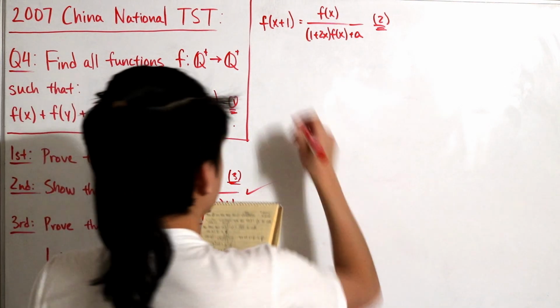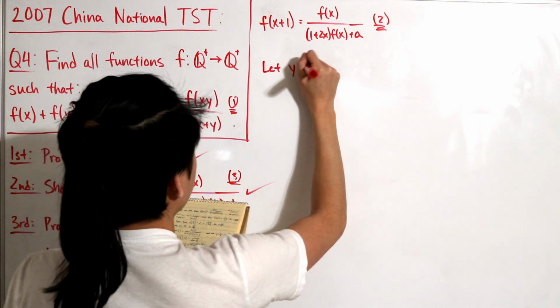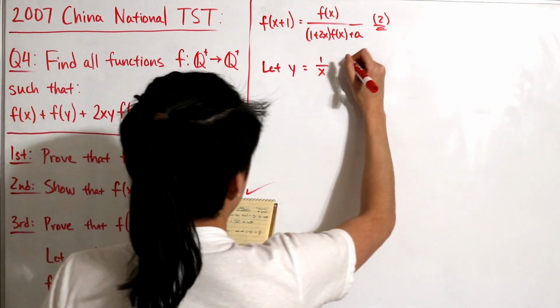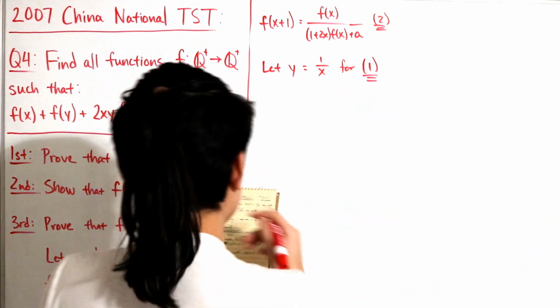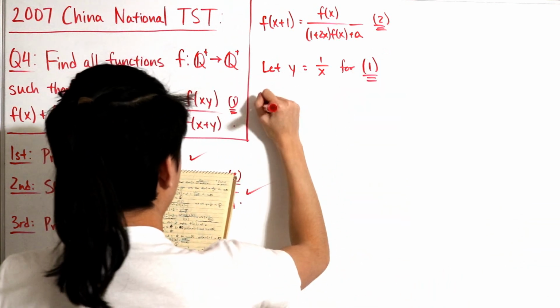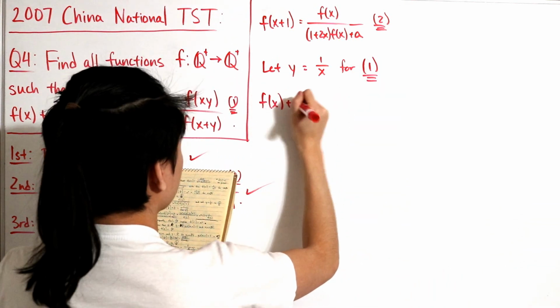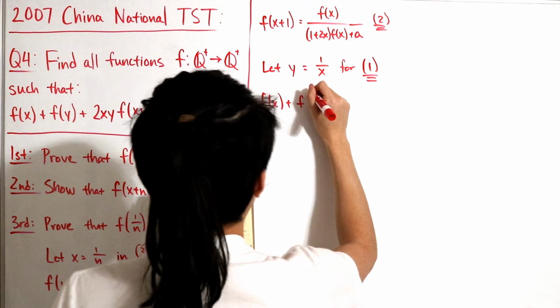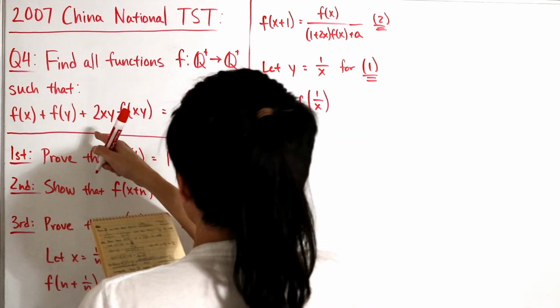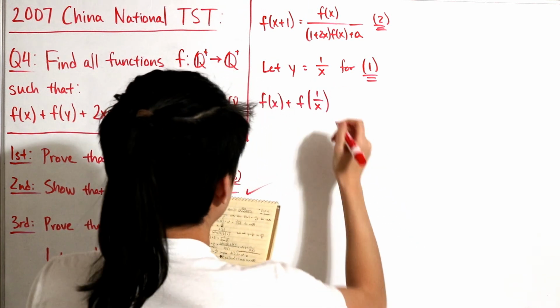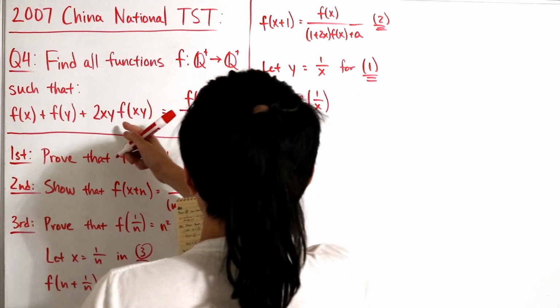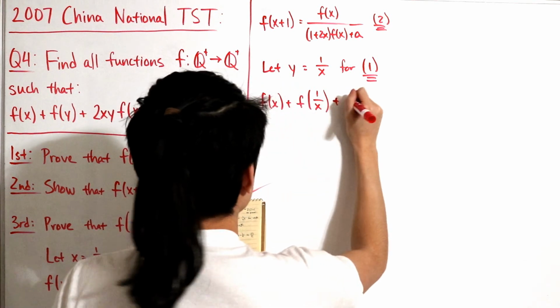So now next, let's let y equals 1 over x, and then we plug this back in for number 1, which is our given. By doing so, now we would have that f of x plus f of 1 over x, then plus 2 x, and so it will just be 2. Yeah, f of 1, which we said was 1, then that would be plus 2.